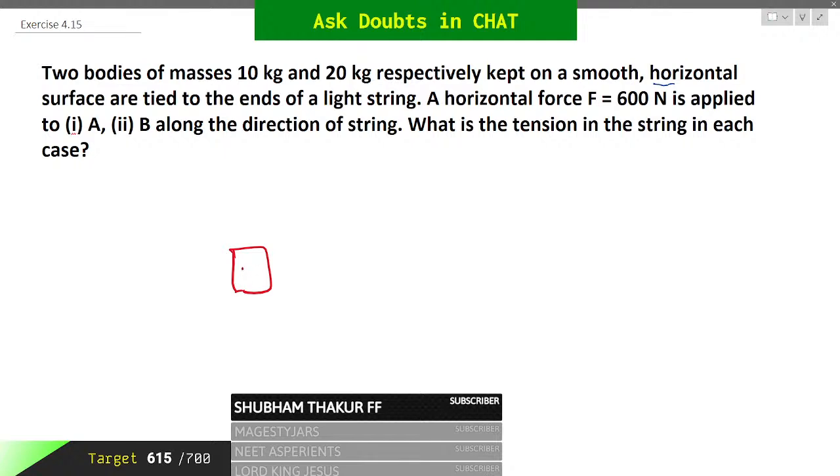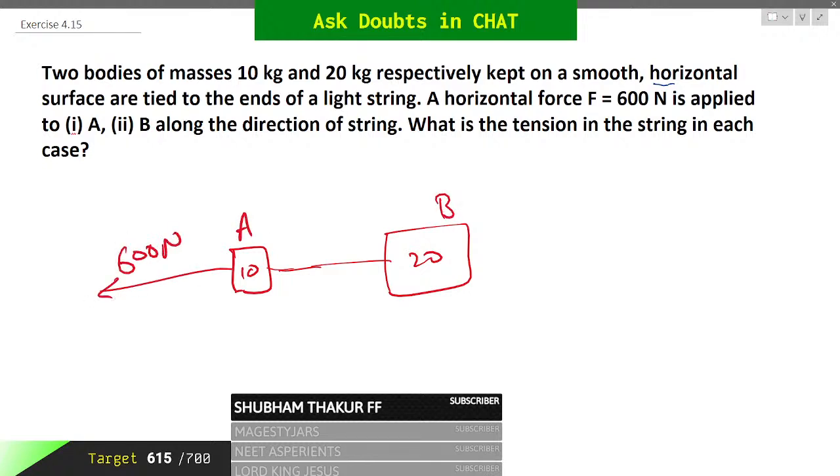Let us assume that this is the 10 kg block and it is attached via a string to this 20 kg block. The force of 600 Newton is applied on A. So in the first scenario, 600 Newton is applied on this body A.